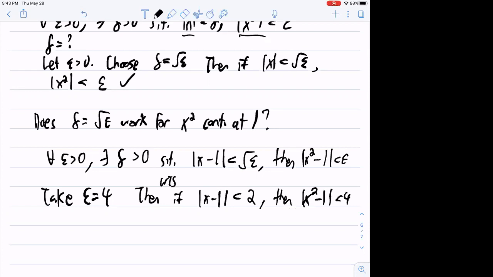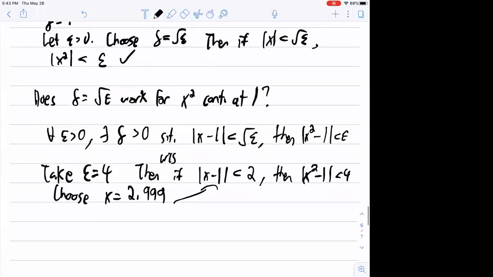But this is not true, right? Like choose x equals, I don't know, 2.999. So this number satisfies this, right? It has distance 1.999 from 1. But you could check that 2.999 squared minus 1 is not less than 4, right? Because 2.999 squared is pretty much like 3 squared, and 3 squared minus 1 is 8. So you see that the same delta doesn't work, right?